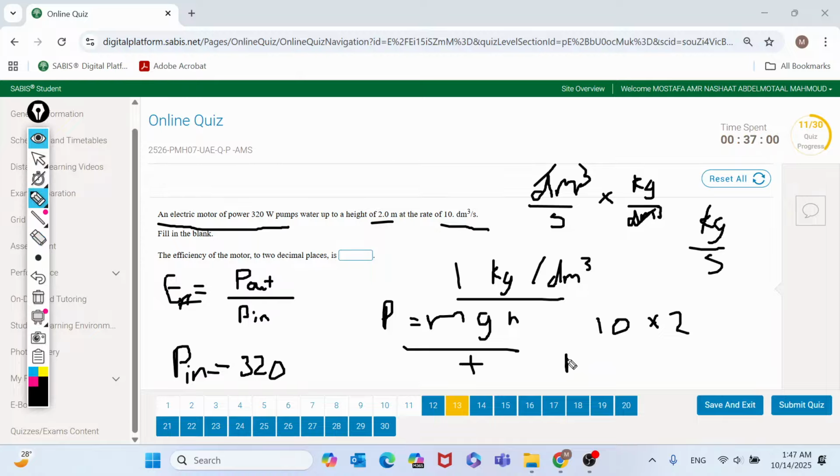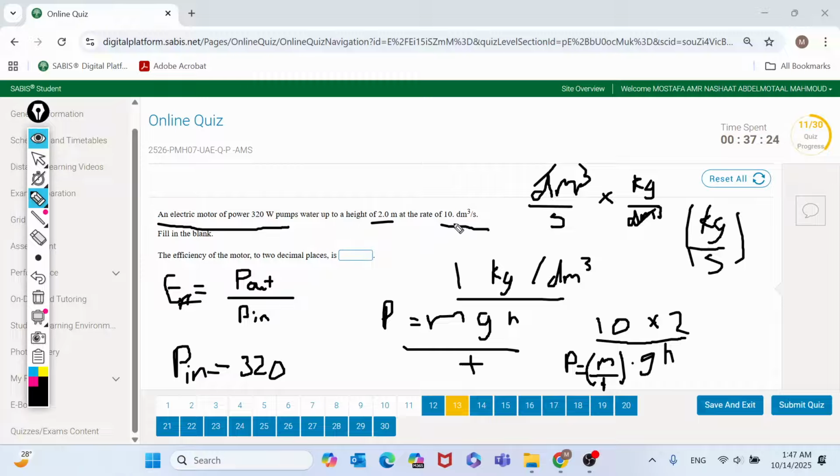So power is gonna equal mass over time times gh. What's mass over time? Kilograms per second, okay? What's gh? 10 times 2. So how do we find mass over time?